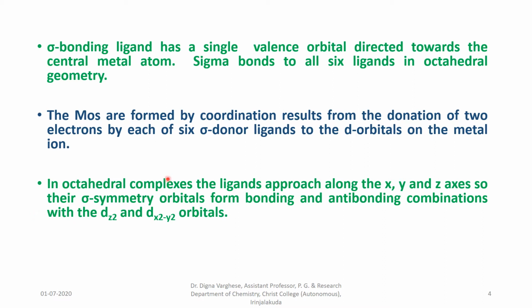Orbitals form bonding and anti-bonding combinations with the dz square and dx square minus y square orbitals. We know in octahedral complexes, the ligands approach the metal ion through the x, y and z axis, that we have already seen in our previous classes.